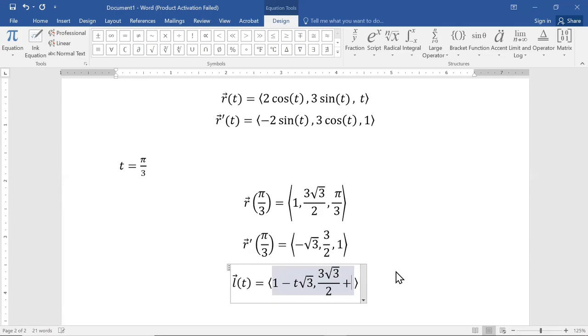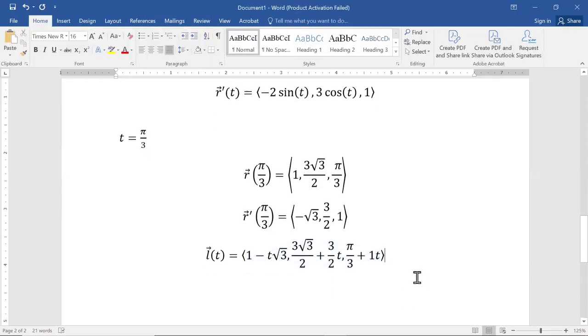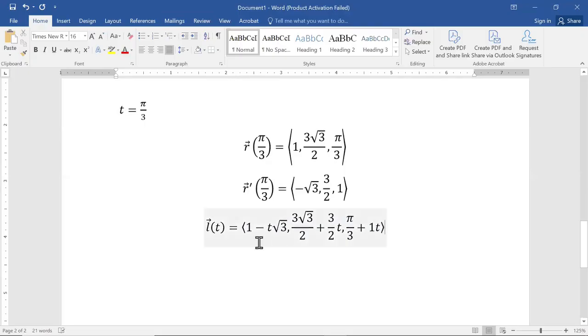And then I have to do plus t times 3/2, or 3/2 times t. It doesn't matter which way you put it. And then pi over 3 plus 1t as my z component. Again, a little bit messy. You could round everything to 2 decimals if you like, or you can just keep it like that.